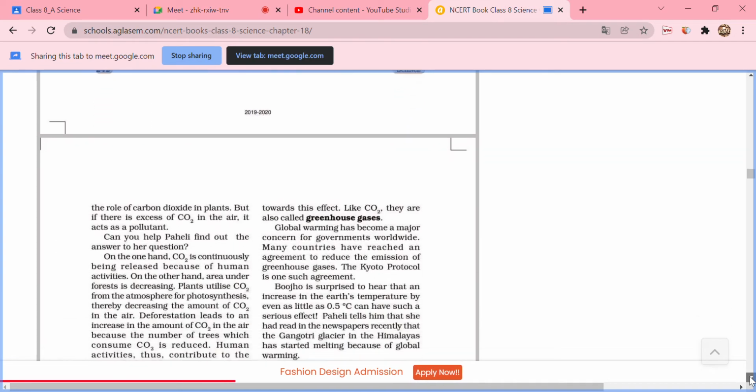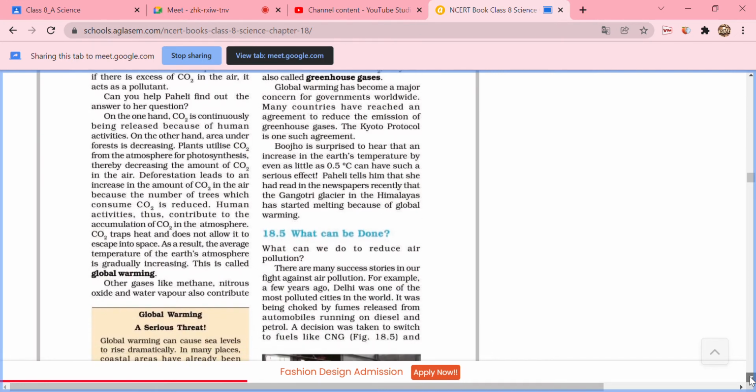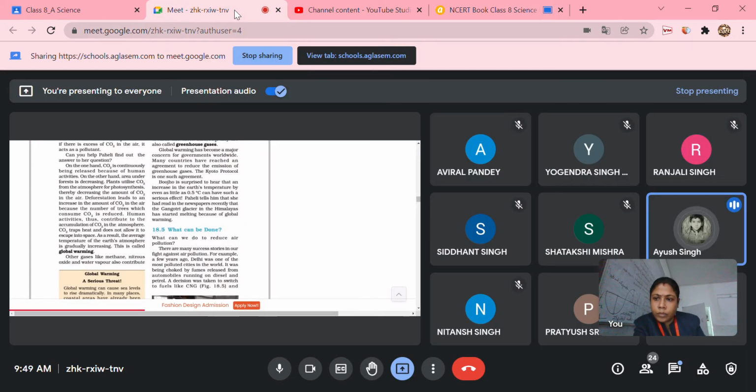Can you help Paheli to find out the answer to her question? Paheli: But how does CO2 content rise in atmosphere and become excessive? On the one hand, CO2 is continuously being released because of human activities. On the other hand, area under forests is decreasing.